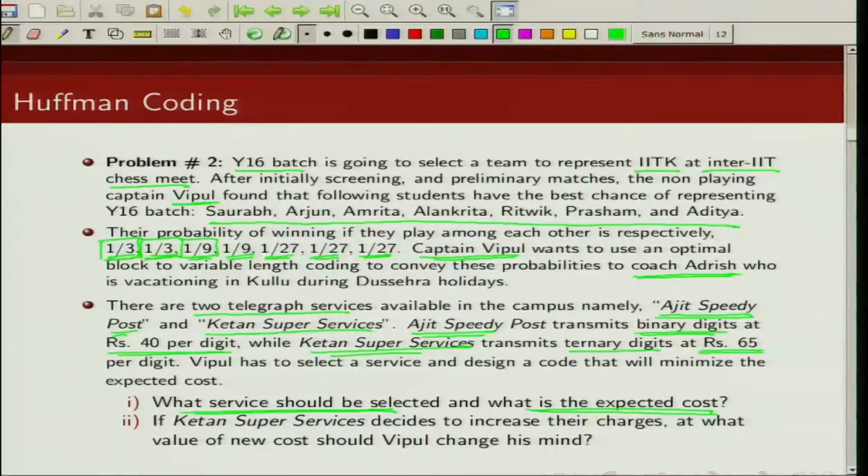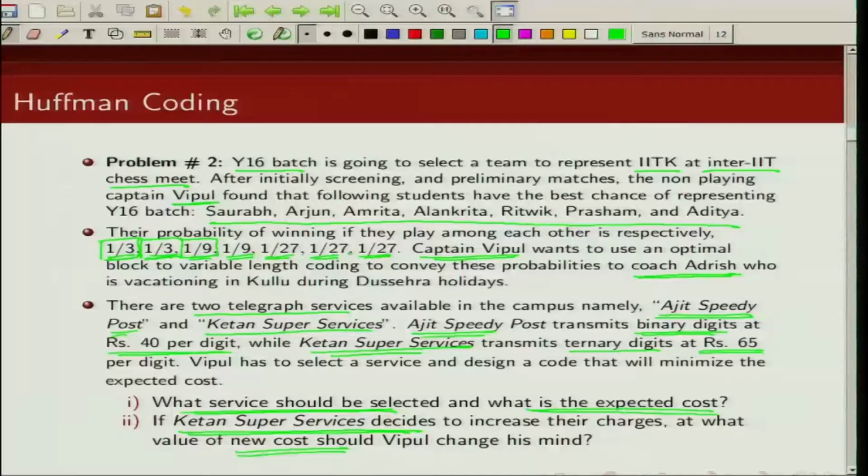And the second question is, if Ketan Super Services decides to increase its charges, at what new rate will Vipul change his mind? So this is the problem statement. Clearly one service uses binary bits, the other uses ternary bits. So Vipul first has to create a Huffman code, because he is using block to variable encoding to encode these probabilities.